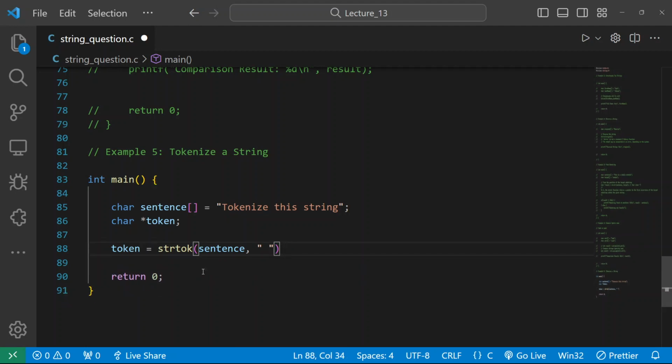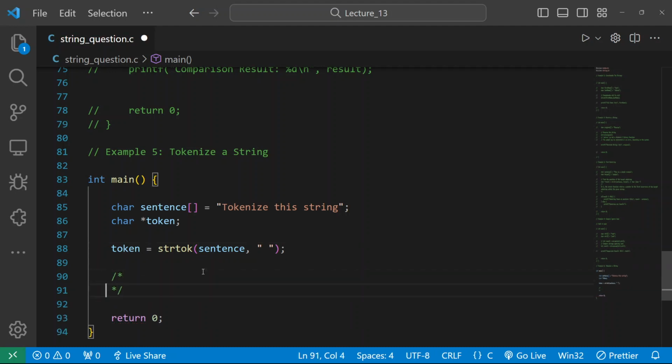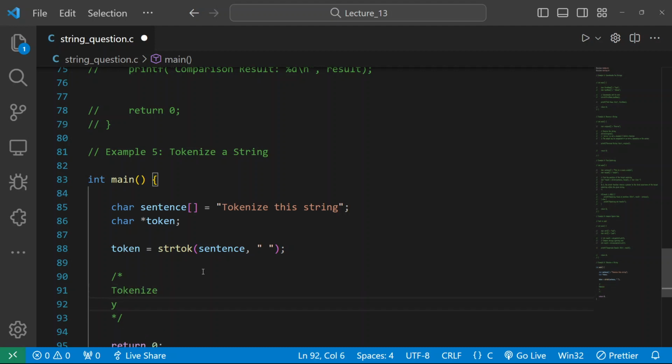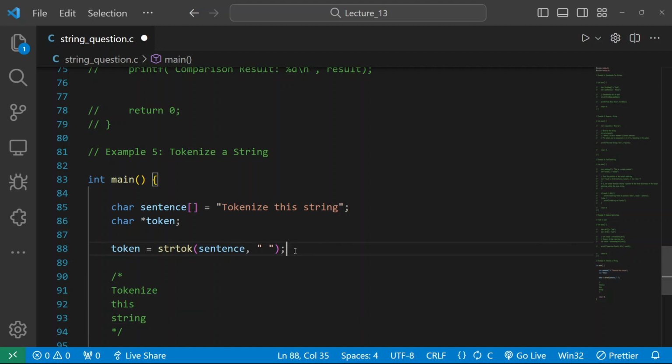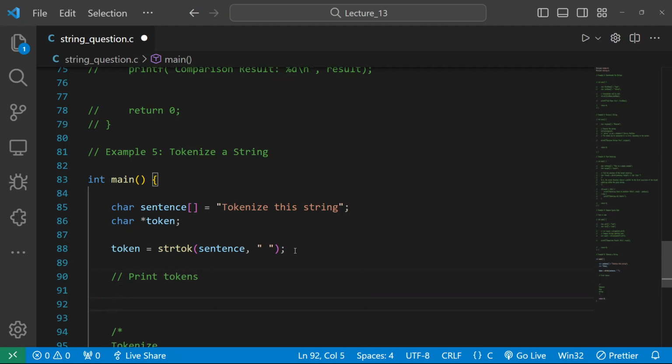First I need the word tokenize, then the next word. This is splitting. If you don't know splitting, this is it: separating it. Now see, I'm printing tokens. It is called tokens. So how can I print these tokens?